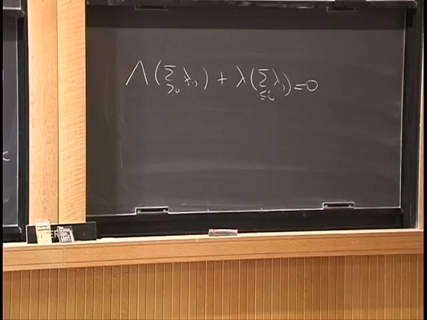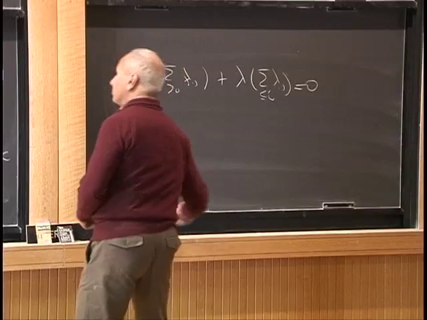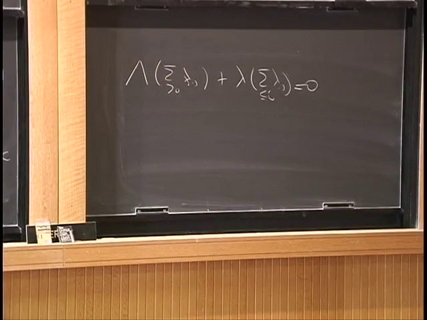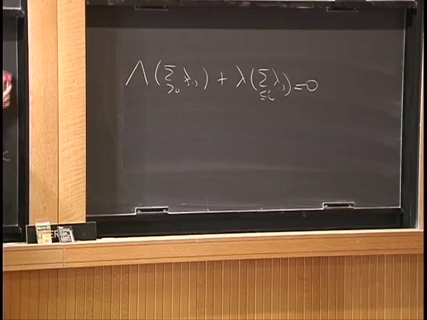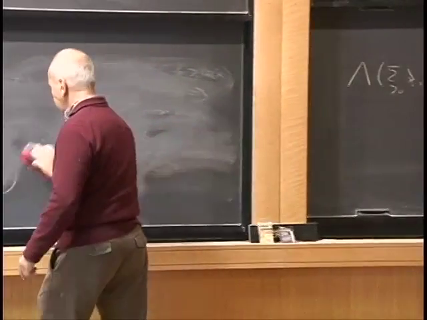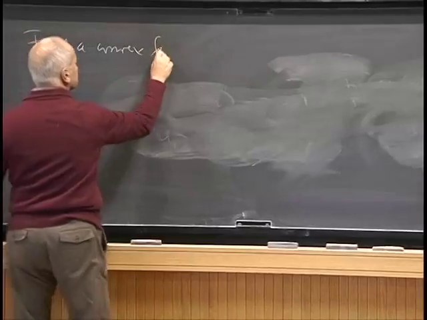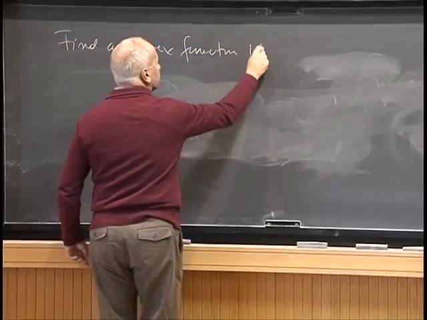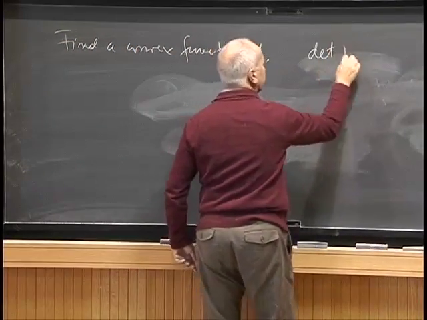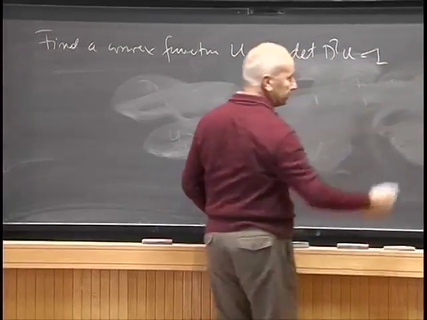Another example is the Monge-Ampere equation. Monge-Ampere equation is an extremal. If you want to solve, you tell me find a convex function u such that the determinant of the Hessian of u is equal to 1, right?